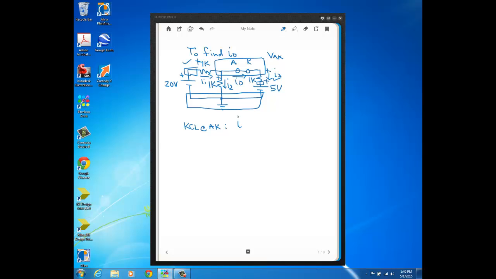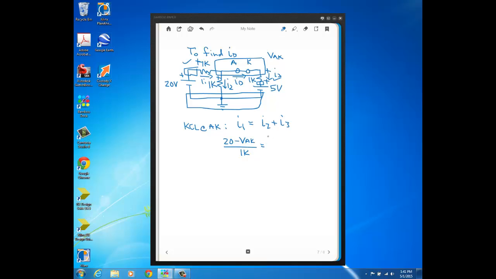So we got I1 flowing in, and that's going to equal I2 plus I3. I1 is 20 minus VAK over 1K.